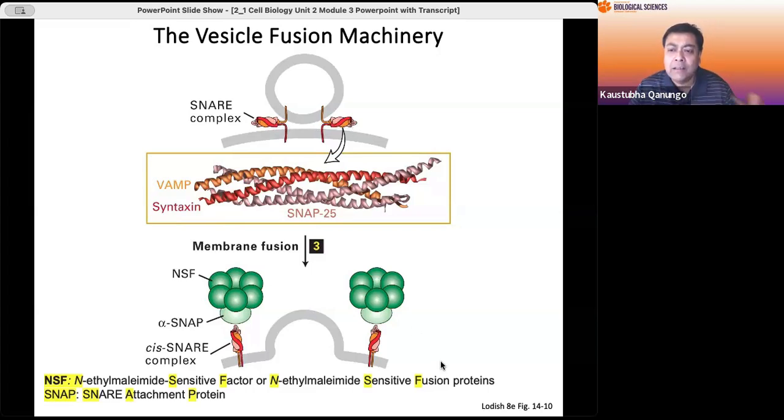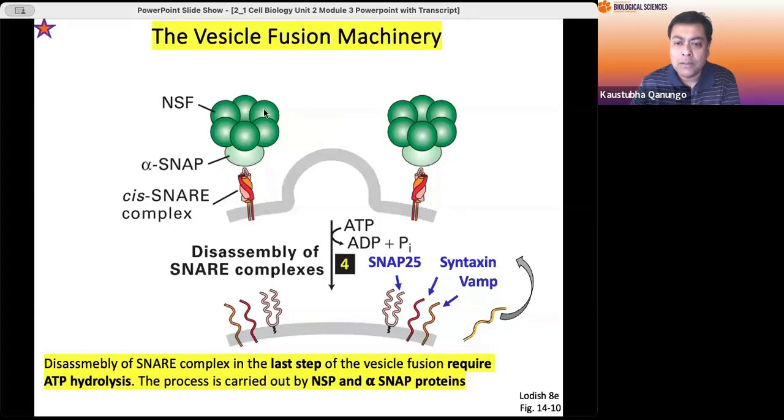Then at the last step after the fusion, the V-SNARE and T-SNARE are recycled back by a protein called NSF. NSF is a hexamer with alpha-SNAP, and with the help of ATP, it sits on top, untangles the V-SNARE and T-SNARE, and the V-SNARE is recycled back.